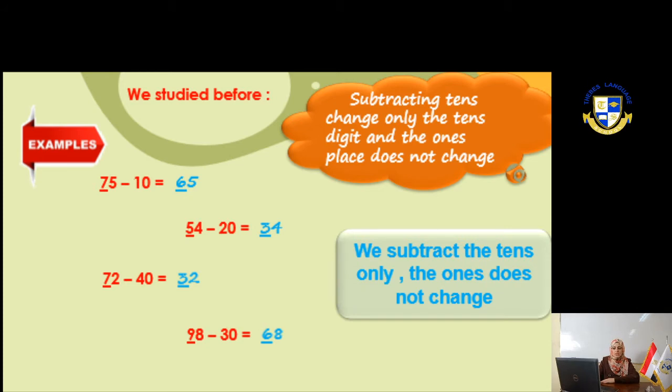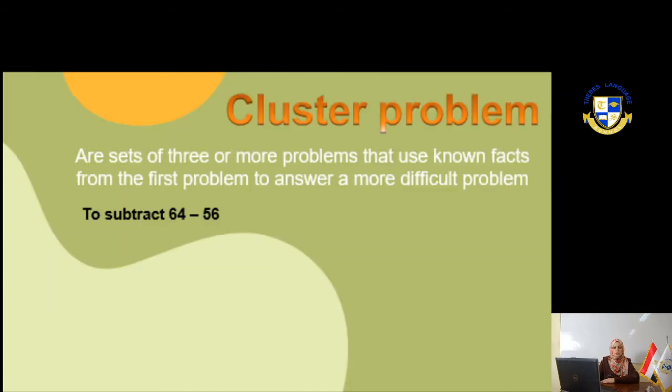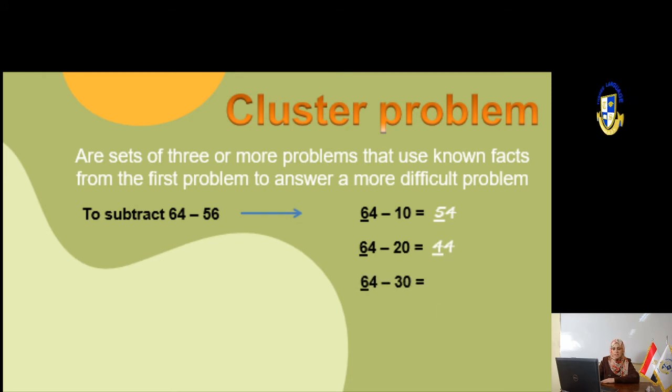64 first minus 10, tens minus tens, equals 54. So 64 minus 20, 6 minus 2 equals 4, so 44. What about 64 minus 30? Tens minus tens, 6 minus 3 equals 3, and the 4 stays the same, 34. 64 minus 50, tens and tens, 6 minus 5 equals 1, 4 minus 0 equals 4.